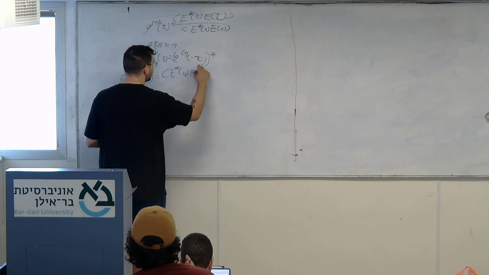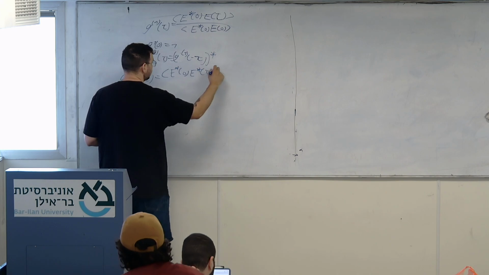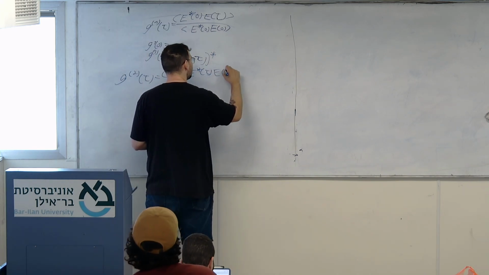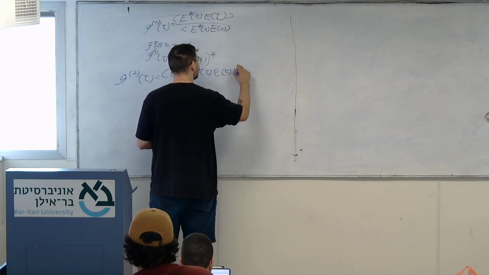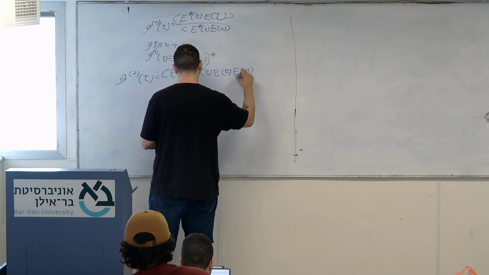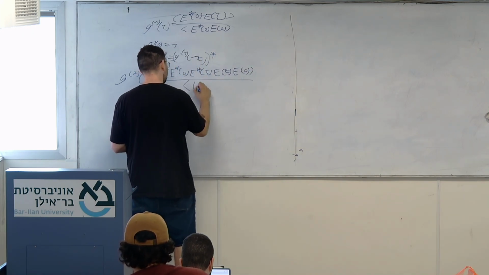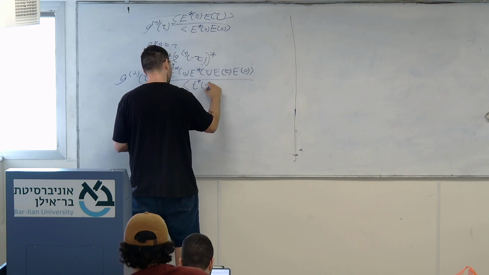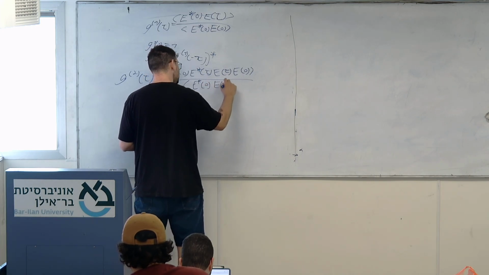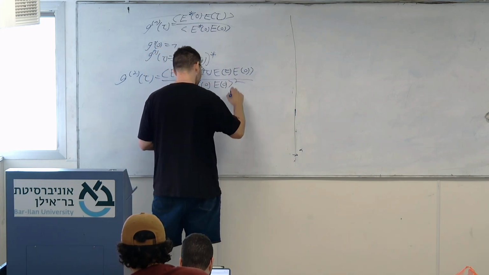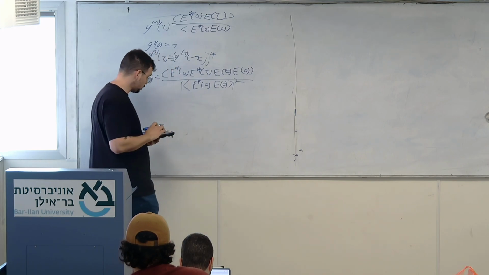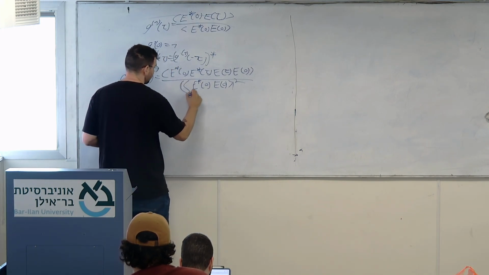the average of E conjugate of t, E conjugate of t plus tau, E of t plus tau, E of t, divided by the average of E conjugate E squared. There's no absolute value here, but it's fine.